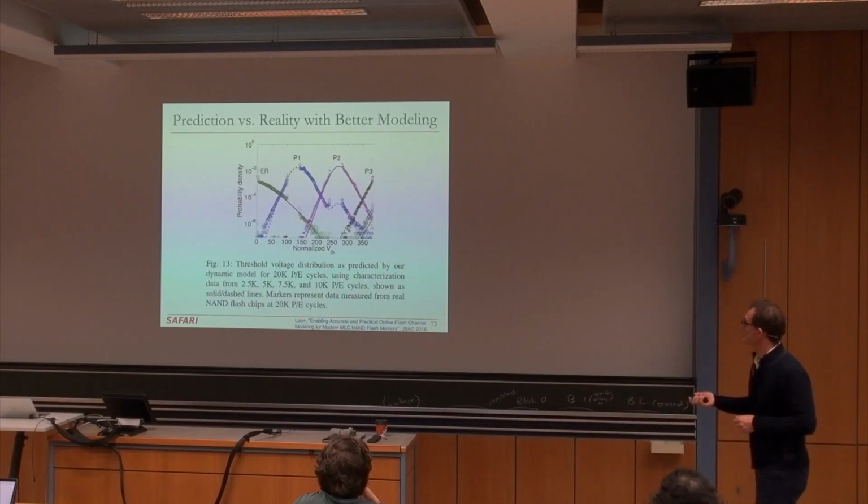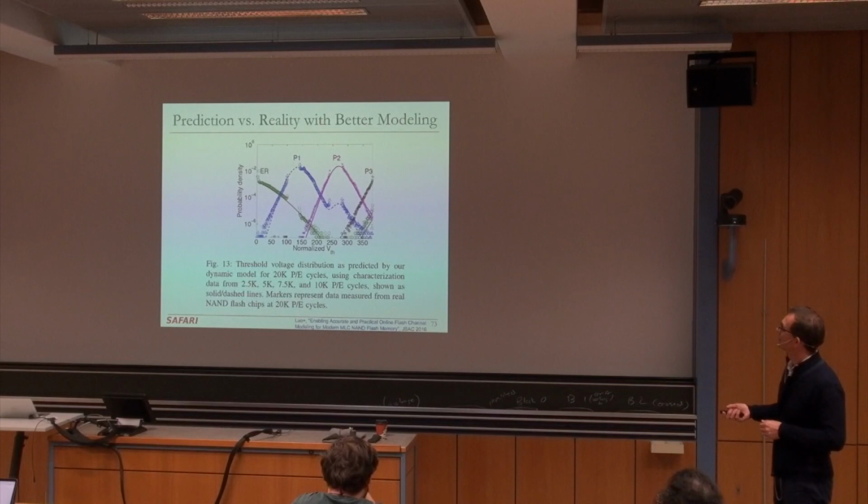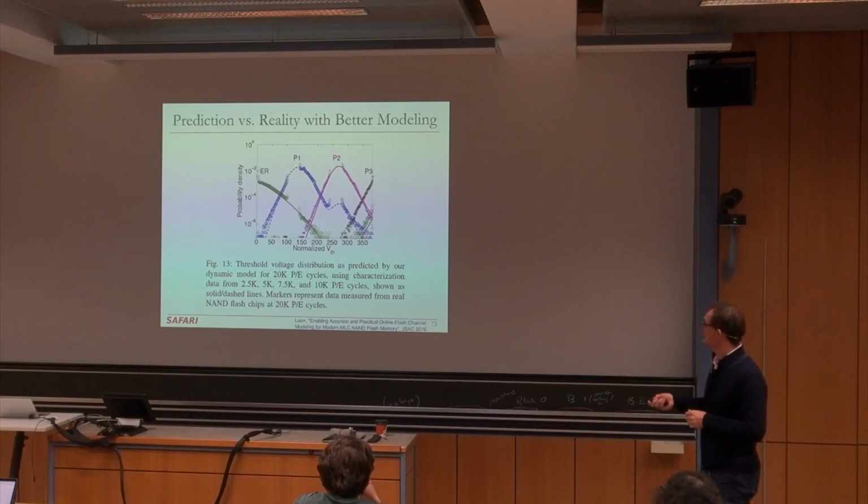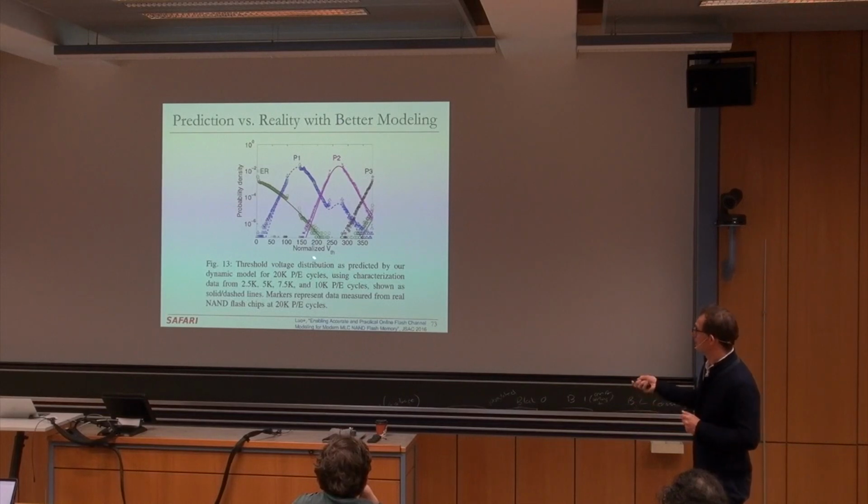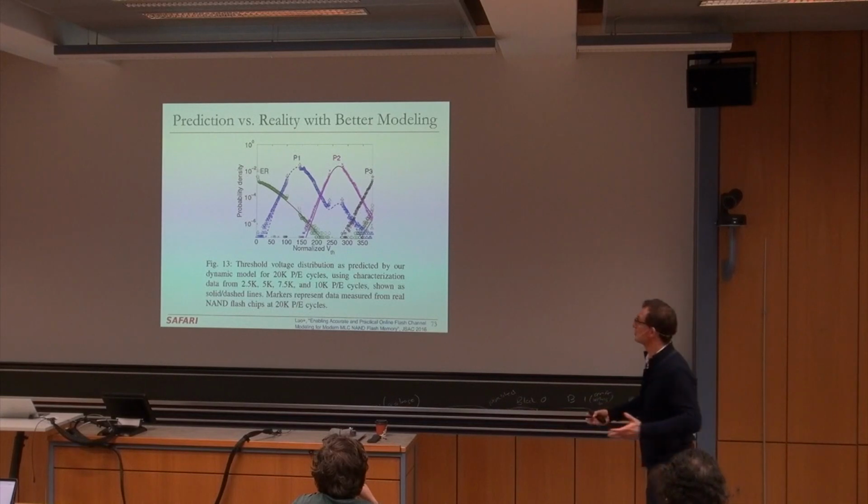Okay, so this is basically the threshold voltage distribution as predicted by our dynamic model. The curves over here, the solid and dashed lines, are predictions based on what we observed until 10 kPE cycles. We predict what should be the distribution at 20 kPE cycles, because that's essentially what the flash controller needs to do.